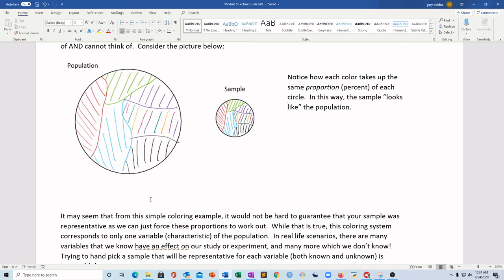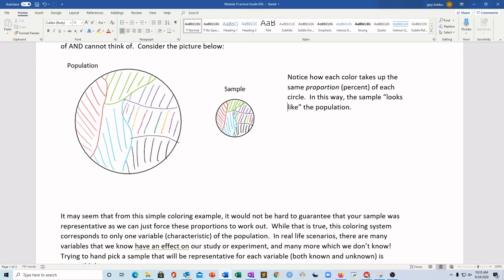If we do this simple random sampling, then we end up giving everyone in the population an equal chance of being picked. So that's awesome. That's what we want. We want to be able to give everyone an equal chance, right?